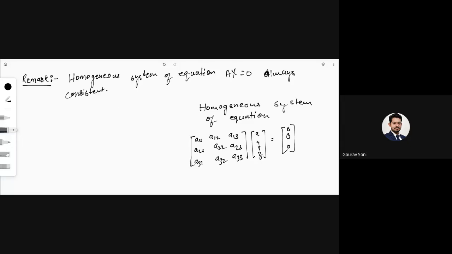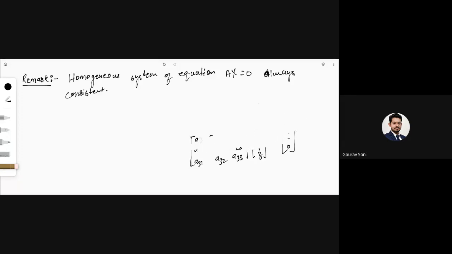Okay, now I will again ask one more question. If A is a square matrix, then can you determine a case when it will have a unique solution? Sir, can you repeat?